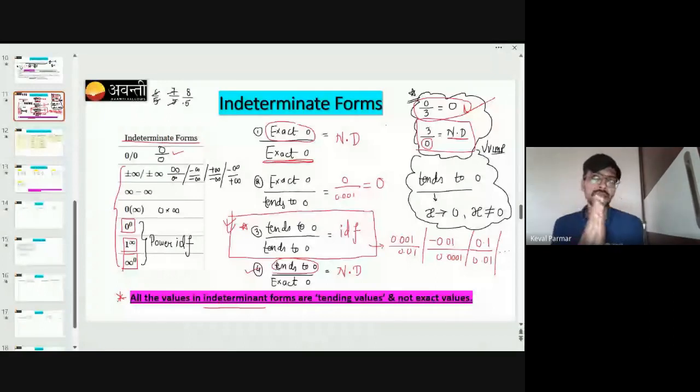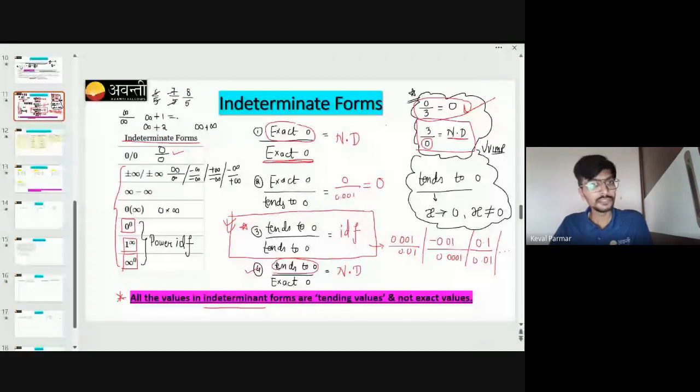Now, let me explain it in the case of infinity upon infinity. What is the value of infinity plus 1? What is the value of infinity plus 2? What is the value of infinity plus infinity? I hope you understand.